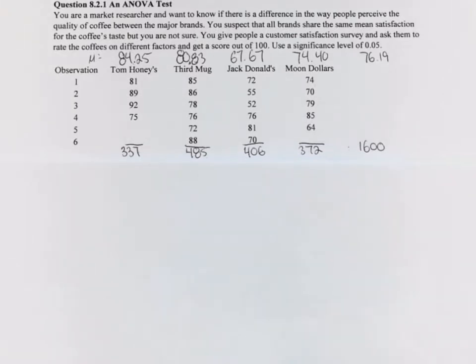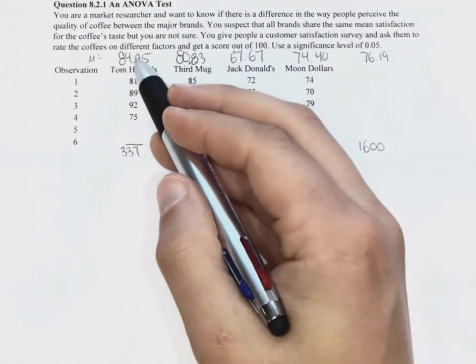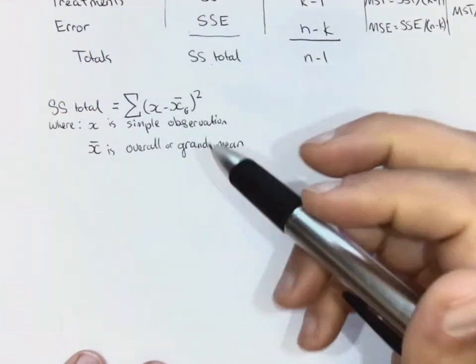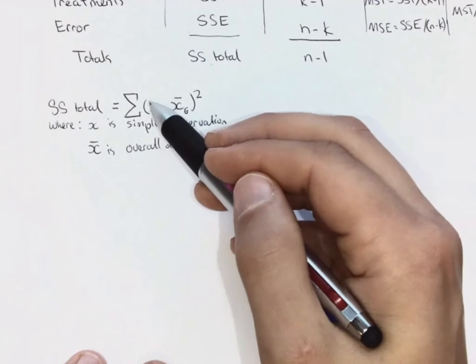So again, just to be clear, this is not going to be 81 less 84.25, because this is not the treatment mean. This is the grand mean.